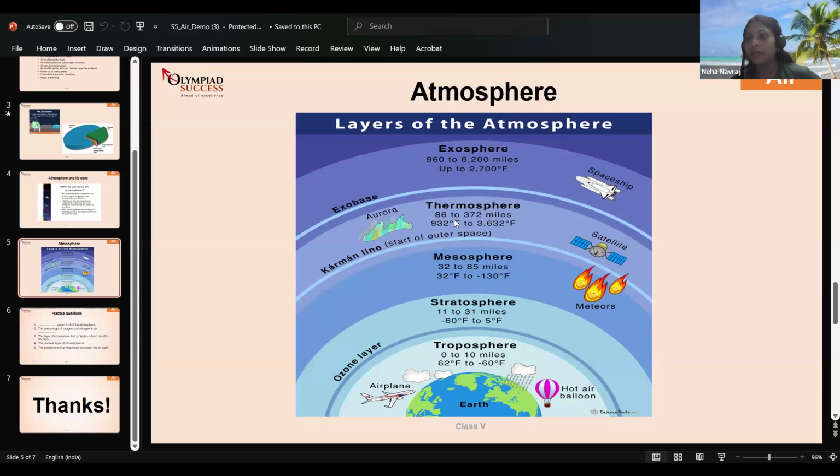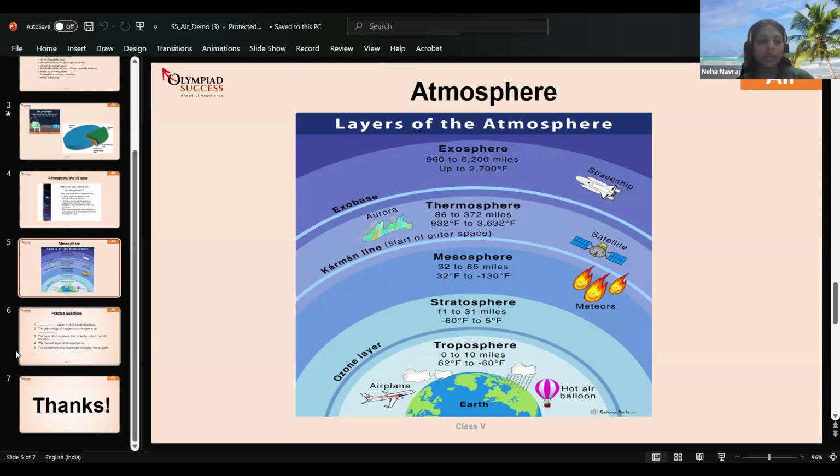Moon is a natural satellite for the Earth, and the satellites launched by NASA are sent to the thermosphere. Coming to the next, you have the exosphere. That is the outermost layer of the atmosphere, and it is where the spaceships come. It is the area where the astronauts have their spaceship and stay. They do the research and then come back to Earth.